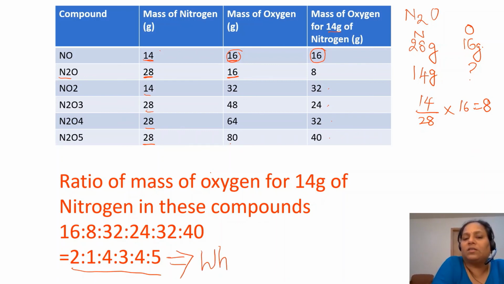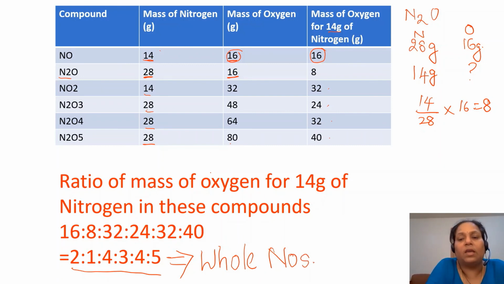So if I take a fixed mass of one element and try to find the ratio of the mass of the other element, then that will be in simple whole numbers if I have two elements combining to form a variety of compounds. This explains the law of multiple proportion.